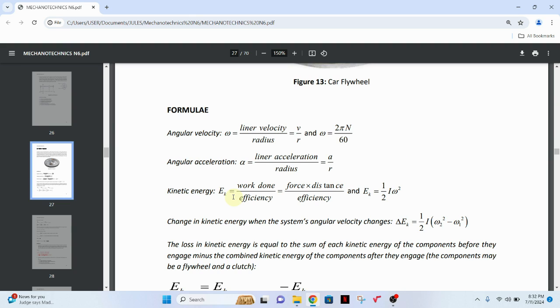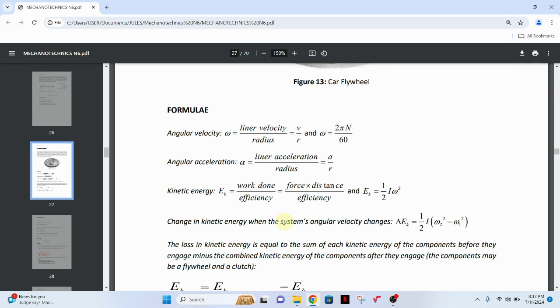The kinetic energy also, as you know, is equal to work done divided by efficiency. If you have a situation where you have efficiency, the work done is equal to force multiplied by distance. You know that also. And if we have an efficiency, then the kinetic energy produced by the engine, the input energy, if you want to find it, you will divide the work done by the efficiency.